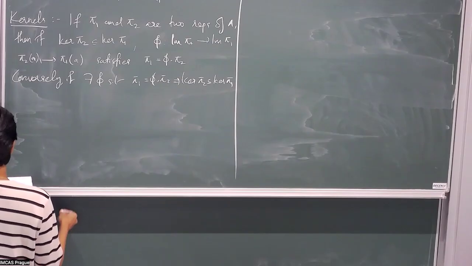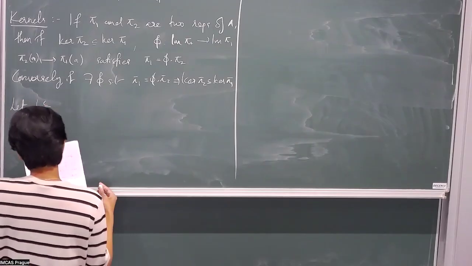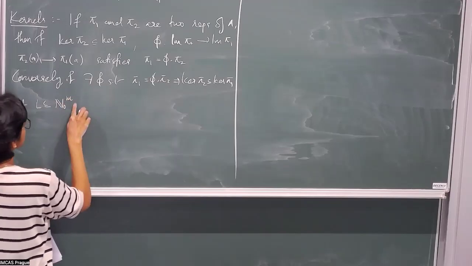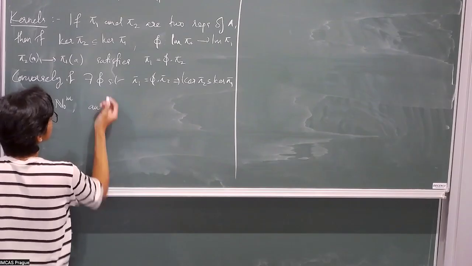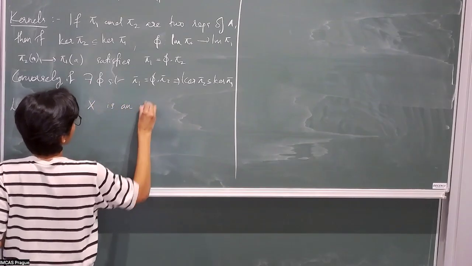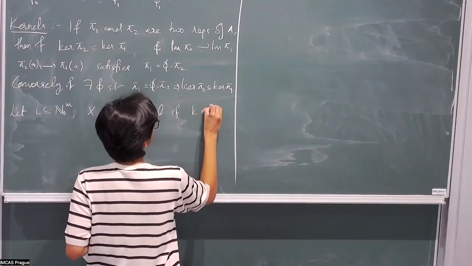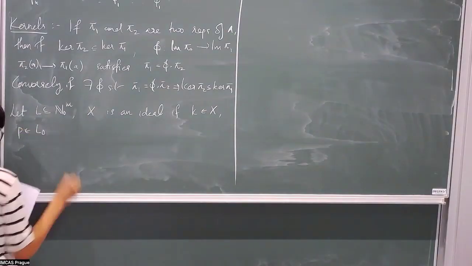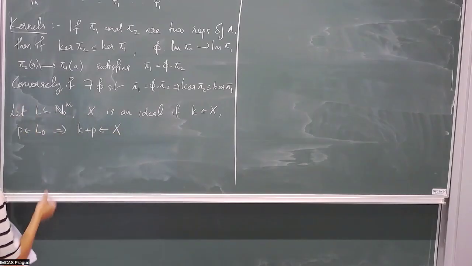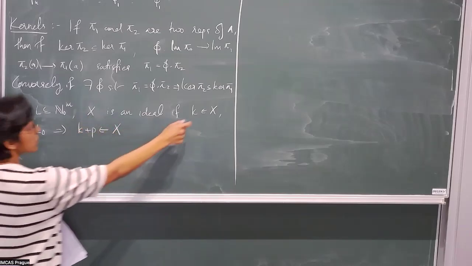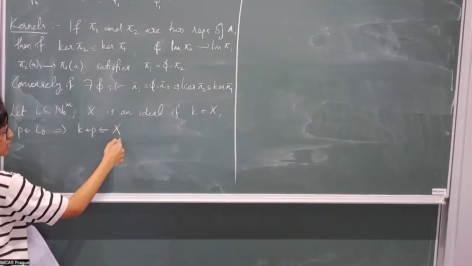So we can take L to be N naught to the m, and this is one of the LJs that we have seen here, and X is an ideal if p in X and k in L0 implies k plus p is in X. It just means that if I take any element in X, and then I add something from L0, then I just end up getting something in X itself.